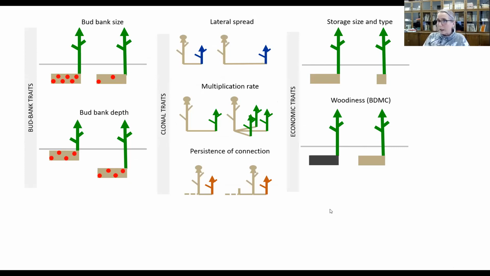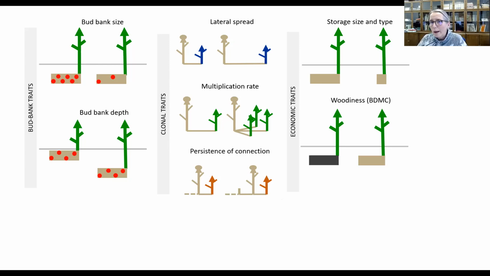Still, we are speaking about functional ecology, so these organs have their traits which may be measured across these organs. Not in all types of these organs can you measure bud bank size or bud bank depth, or different clonal traits like lateral spread, multiplication rate, or persistence of connection between ramets.